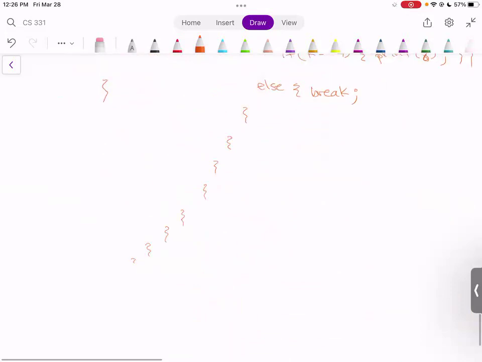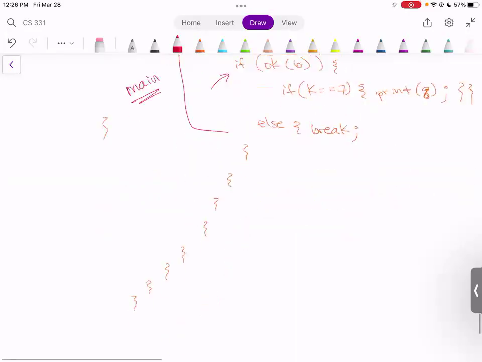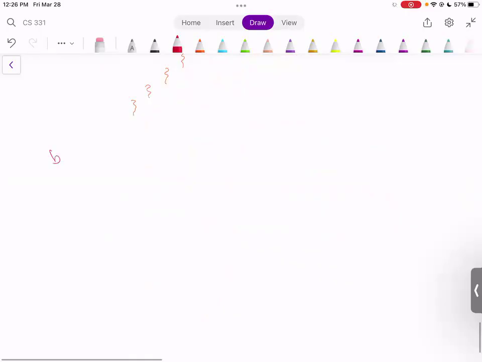This over here is the main portion of the brute force. You have to check first the OK function, which is written outside. I can do that for you here. Int B, it just passes in the B array.